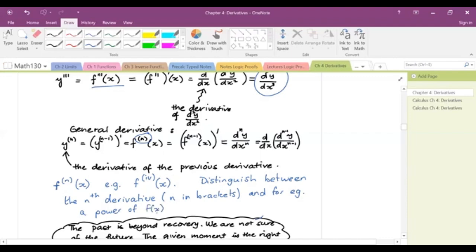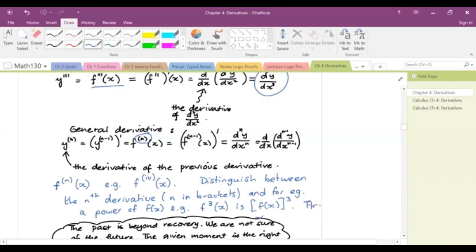If we want f of x cubed, we would write f cubed, with no brackets around the 3, meaning f of x all cubed.